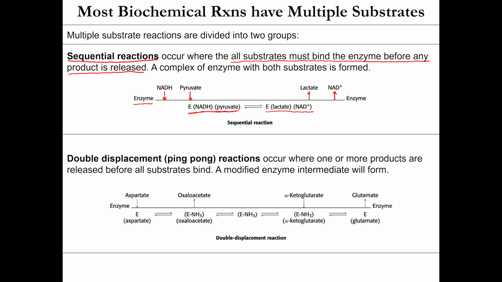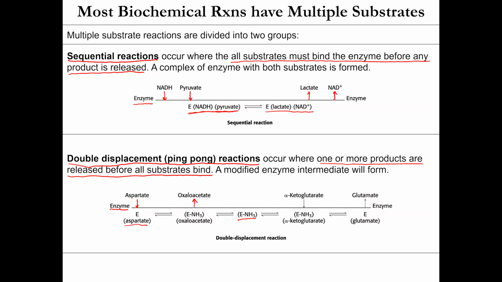Now, the different type of reaction from that would be what's called a double displacement or ping pong reaction. This happens where one or more of the products are released before all the substrates bind. So a modified enzyme intermediate will form in this type of reaction. You have your enzyme here, and then it binds aspartate. So now you have an enzyme-aspartate complex, and this will be converted, and a product will be released, oxaloacetate.